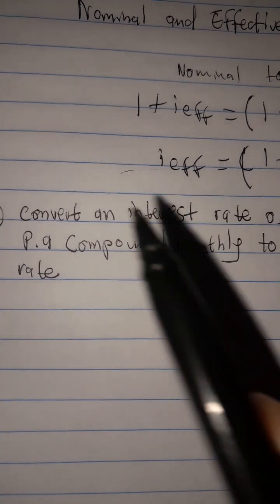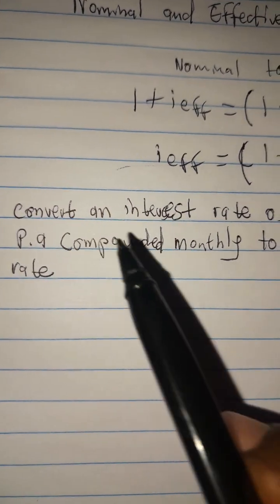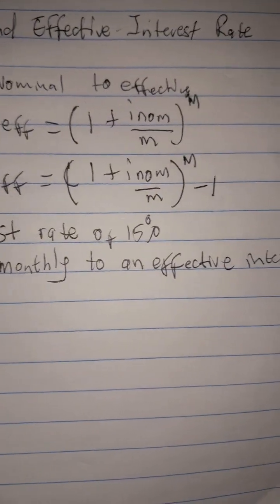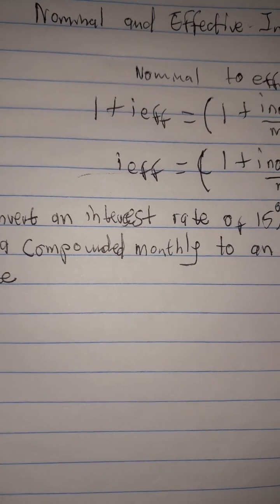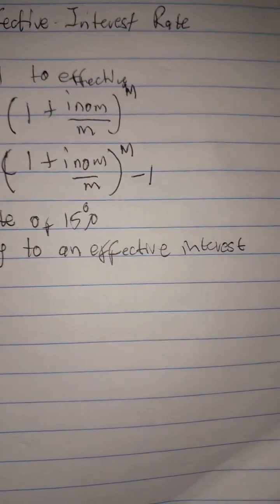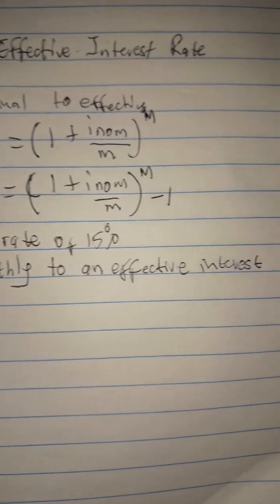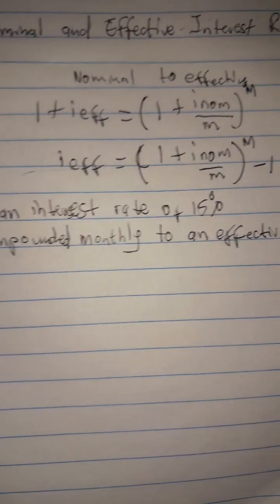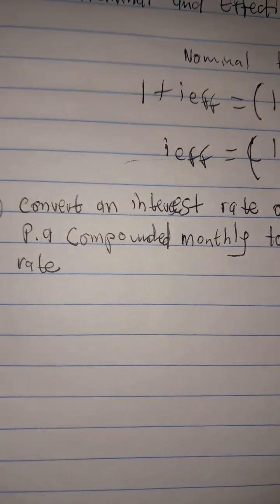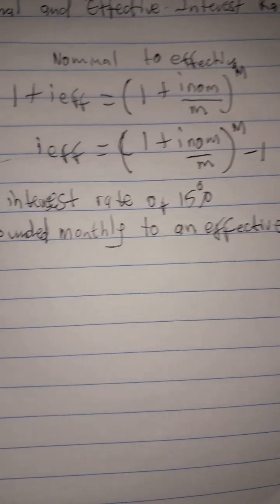All right, number 1 says: convert an interest rate of 15% per annum compounded monthly to an effective interest rate. Right, so what they are actually saying here, we are given the quoted interest, which is 15%.